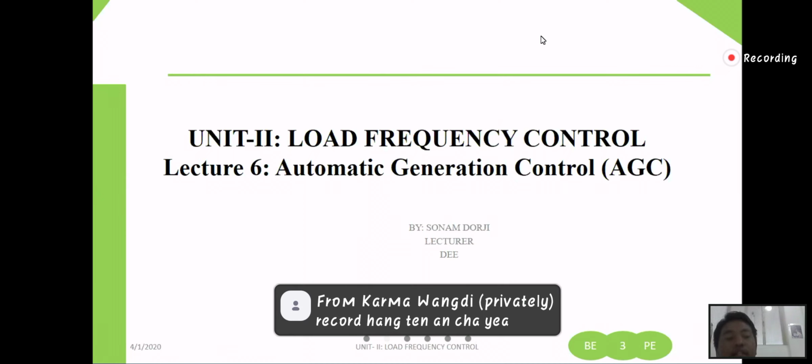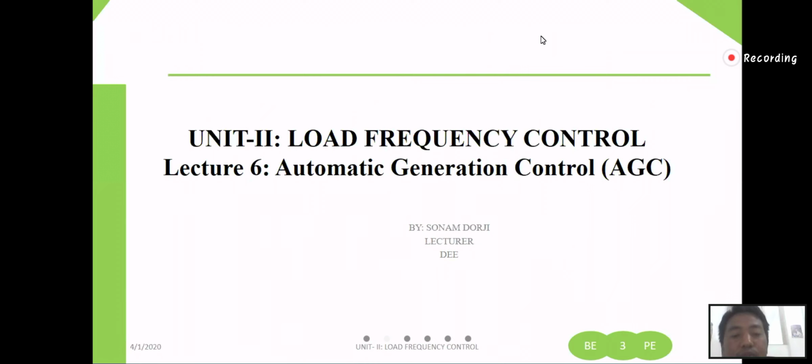Okay, so automatic generation control, if I'm not mistaken, you might have learned, or if you have not learned, then you will learn in power electronics applications. But here we will not learn in detail about the AGC, but here we will learn about the application part of AGC.